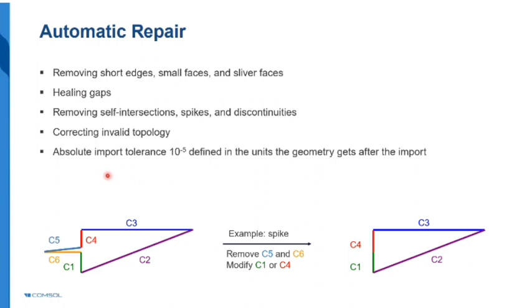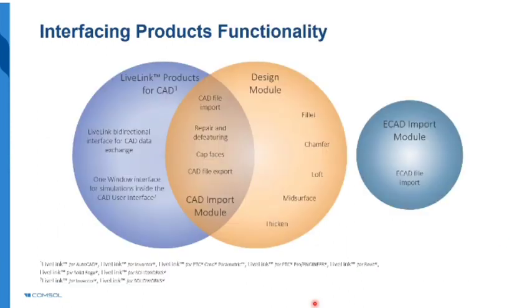Now, if the absolute import tolerance is defined as 1e-5, you can see that the entity shown here is smaller than the absolute import tolerance, and hence that spike will be removed, and this is the end object that you will have for the analysis.